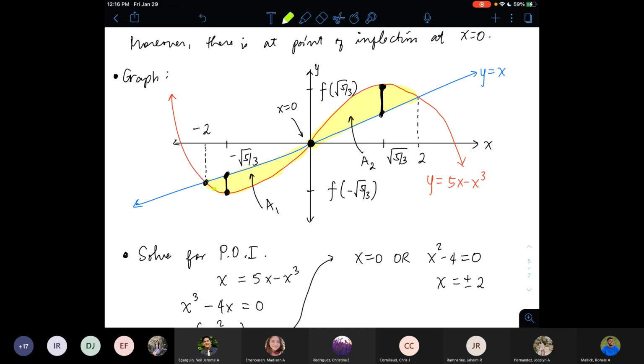If I draw a horizontal strip here, I hope you are seeing the green line I'm drawing, this horizontal strip will have the red function minus the red function. Unfortunately, that will not cancel each other out, because if you solve for x in terms of y, you will have an equation for this part of the red function and a slightly different expression for the left part of the red function.